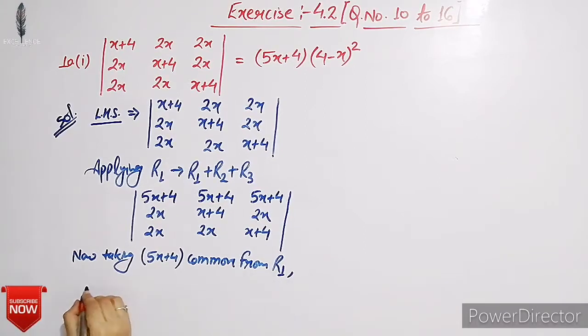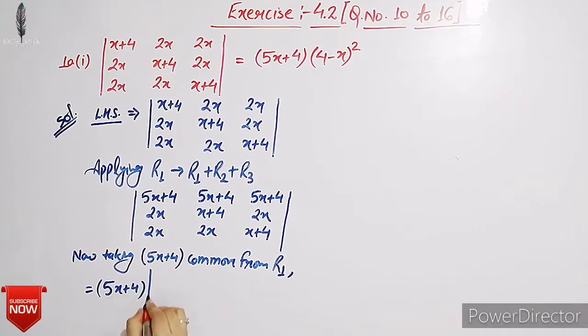Then we get it is equals to 5x plus 4 into R1 is 1, 1, 1, here 2x, x plus 4, 2x, and 2x, 2x, x plus 4.